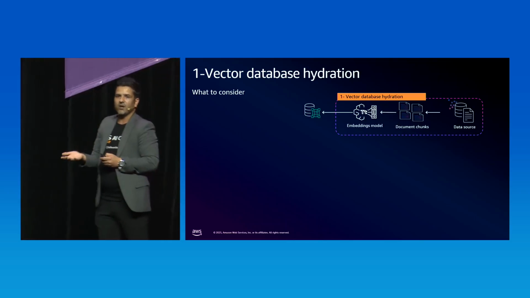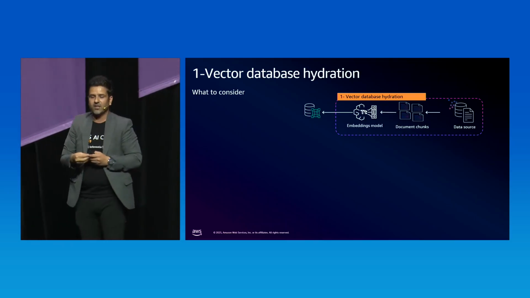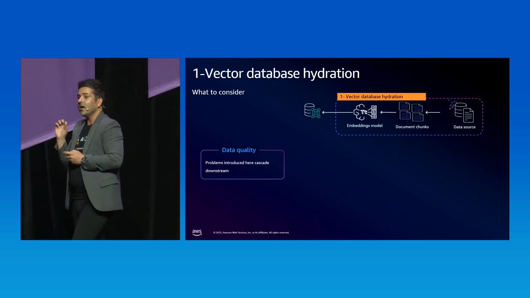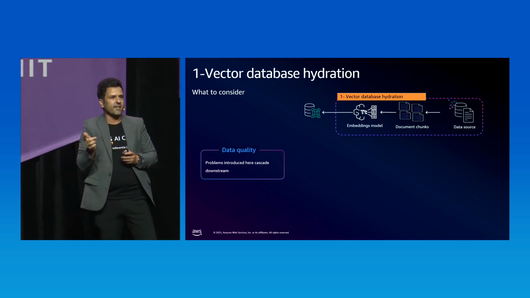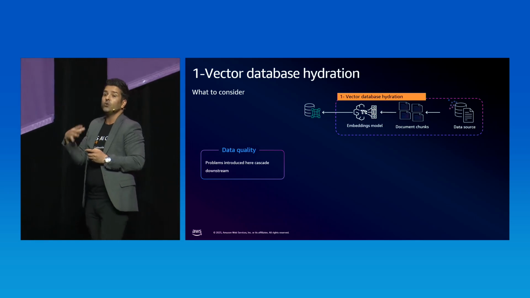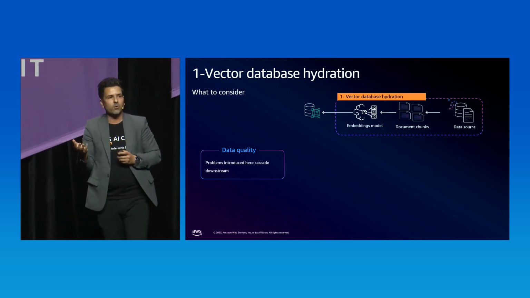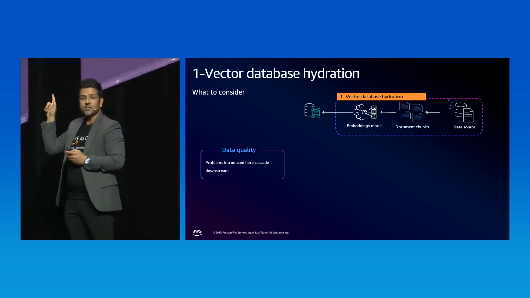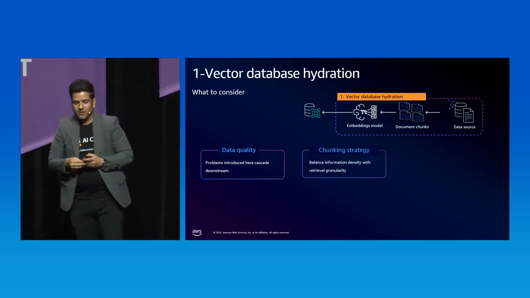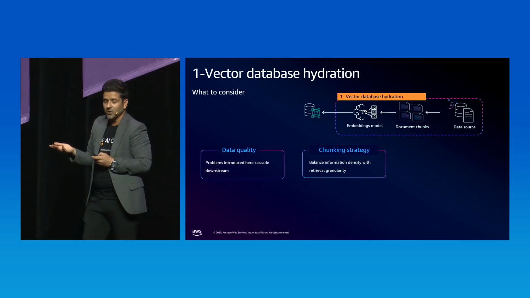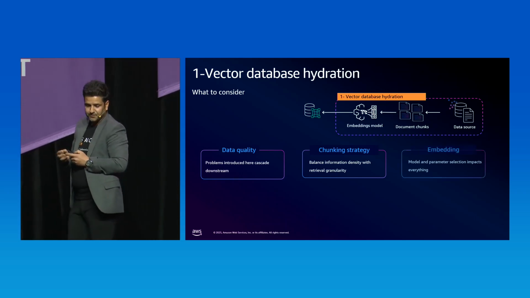All right, let's start with the first workflow, which is the vector database hydration. There are some key items that you need to consider here. First is the data quality. Whatever problem you may have in your data source, if you don't manage it and improve the quality there, it's going to cascade to the downstream workflow. The chunking strategy that you're going to use is going to impact the quality of the response that you're generating.